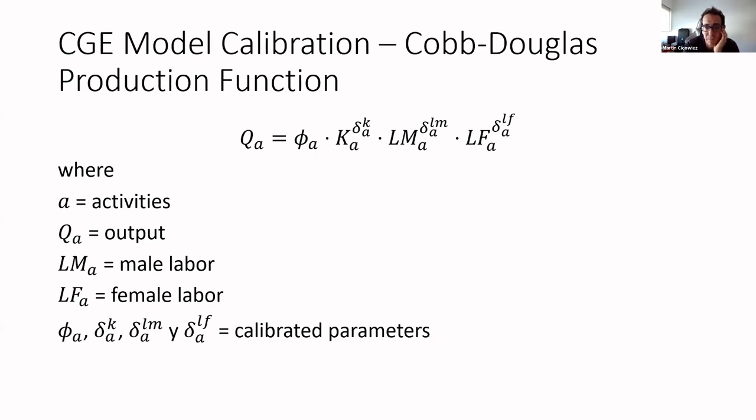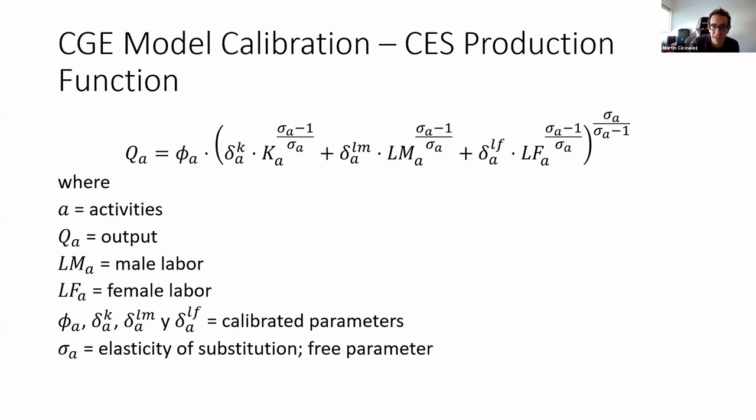But this is what we are going to be doing next week. Basically, we are going to be using the social accounting matrix to provide the values of the different functions that we have in the CGE model. Okay, that is for the Cobb-Douglas function. But next week we are going to be using the more complex CES function.